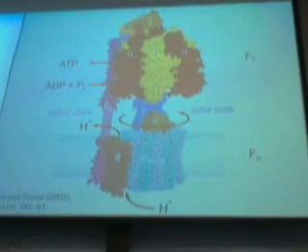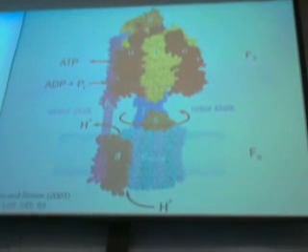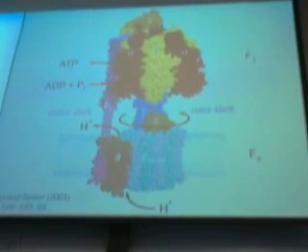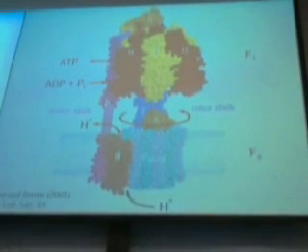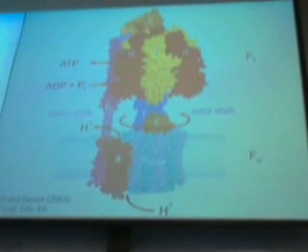You can think of this as the cylinders of the engine, and then you can think of the gamma as the crankshaft, and the pistons are in here changing the conformation of that beta subunit to allow the synthesis of ATP. So that's how the whole thing works. And I think before going on to the next one, what I'm going to do here is show you a little movie of this.